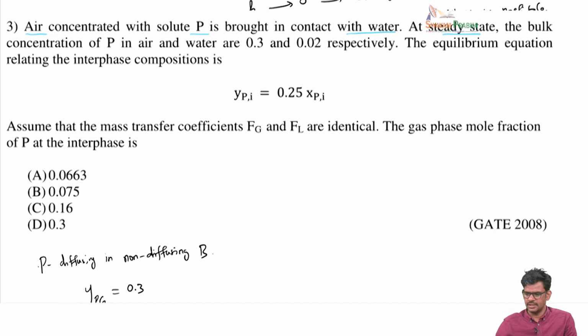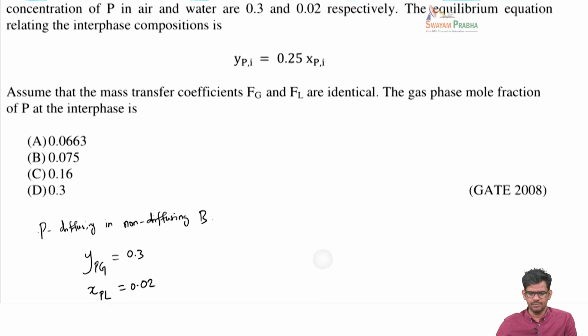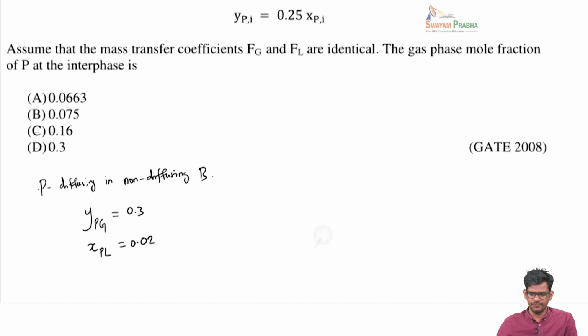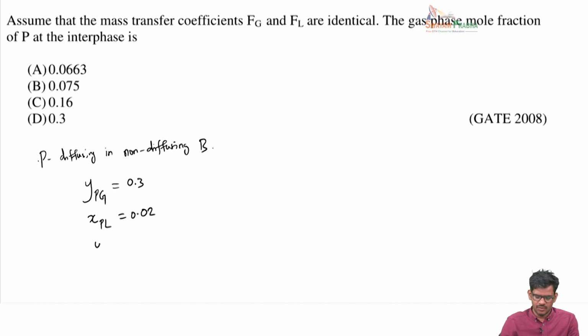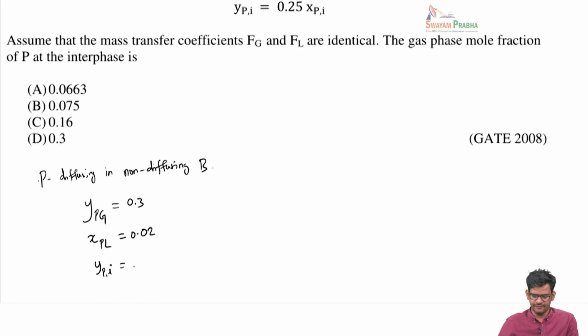Okay, and then we are given the equilibrium relation for the interface mass transfer. YPI is equal to 0.25 XPI. They have not said this is an equilibrium curve. They have said this is a relationship that is followed at the interface.